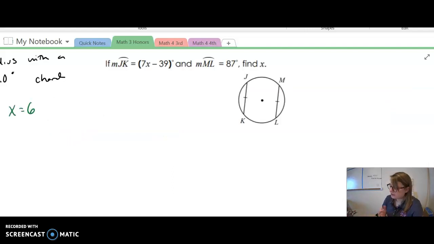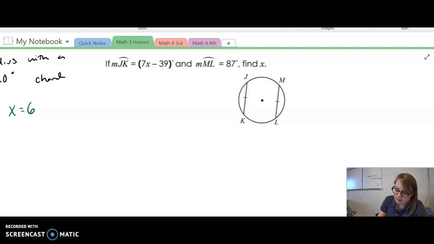Alright, so we have something kind of very different from the first one. So if measure of arc JK equals 7x minus 39 and measure of arc ML equals 87 degrees, find x. Well, we have our circle here and it says that JK is congruent to ML.